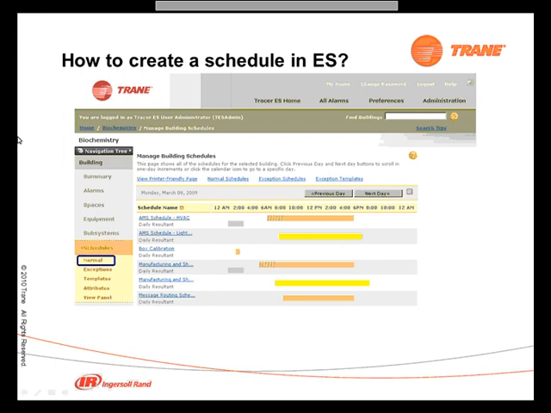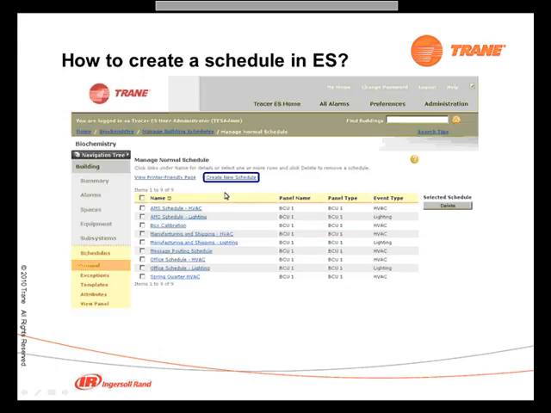We can create an exception, a template, and at the very top we have the normal, exception, and exception template options for the various areas in the building that we chose, which was the biochemistry building. To create a new schedule, you click on the Create New Schedule button over on the right-hand side, as you see on the highlighted options underneath my cursor.